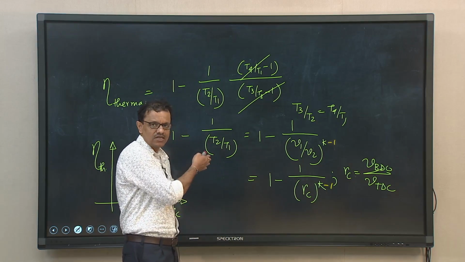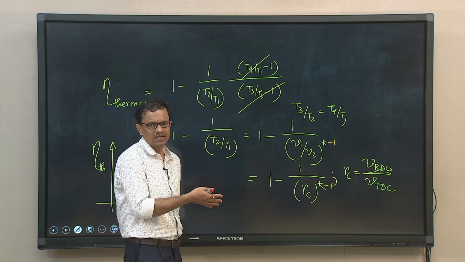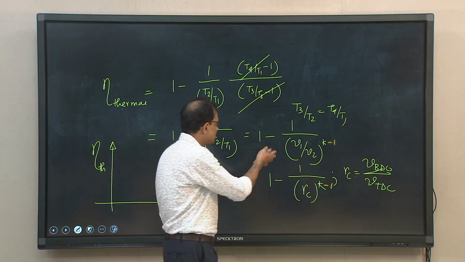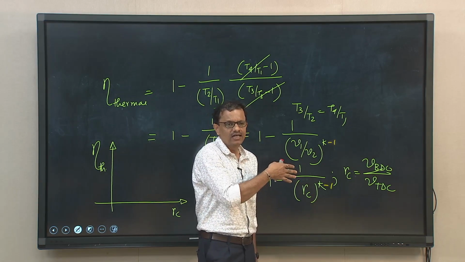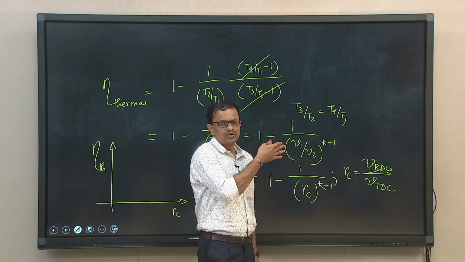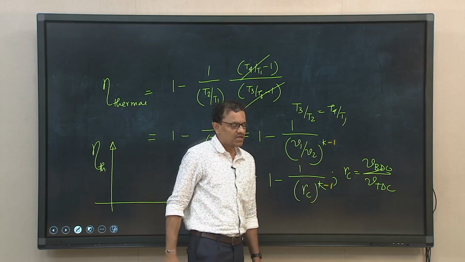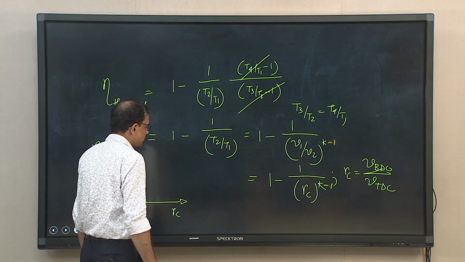I mean, this efficiency is not calculated considering the energy which is available at the shaft of the engine. Rather, this efficiency is calculated based on the energy transfer or heat transfer to or from the air of the engine cylinder. So, this is the indicated thermal efficiency.